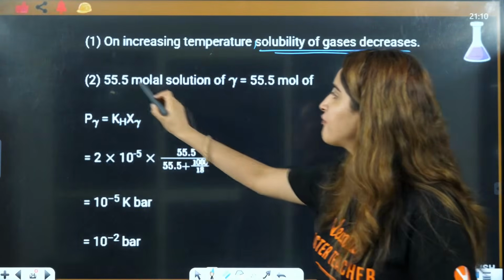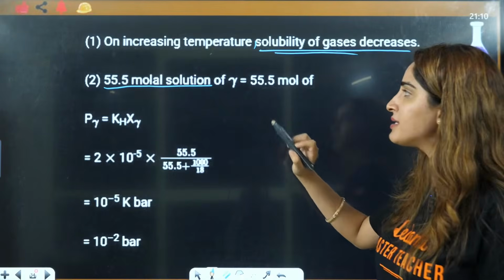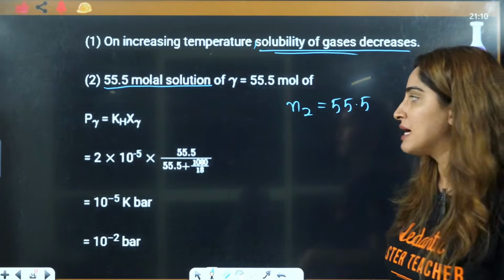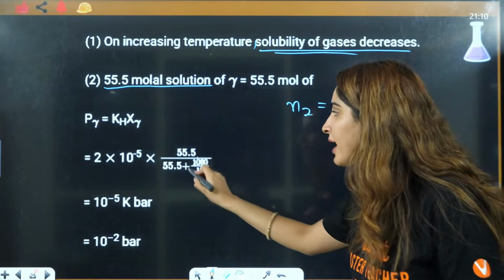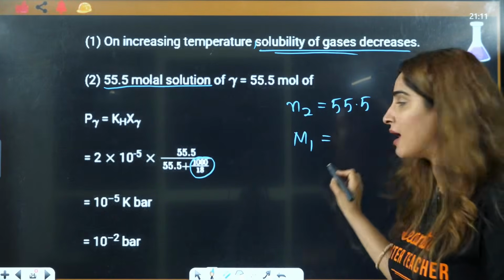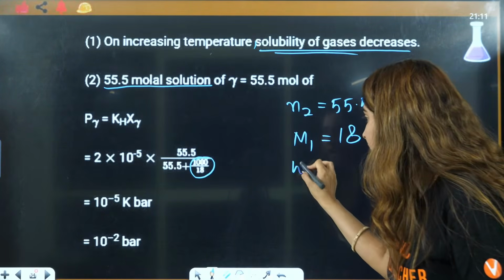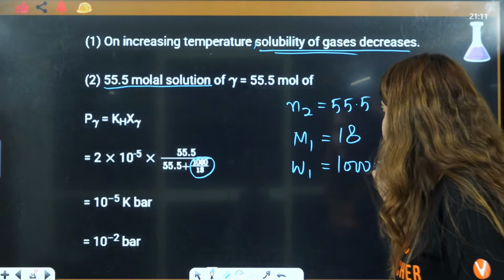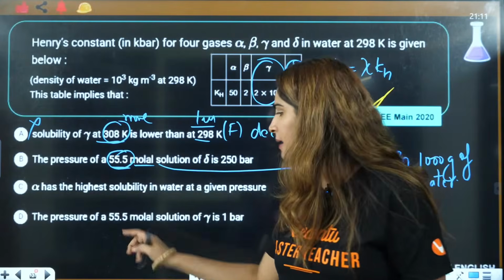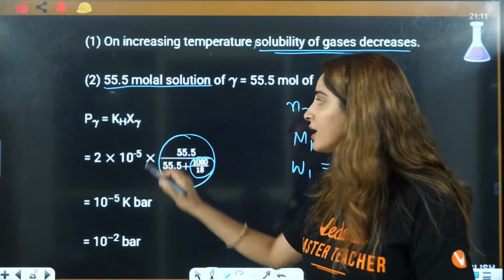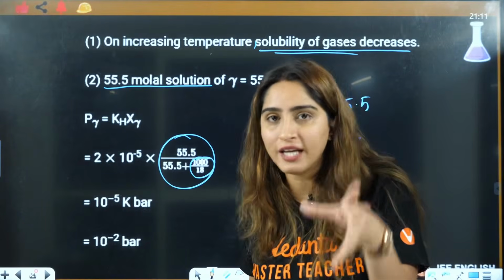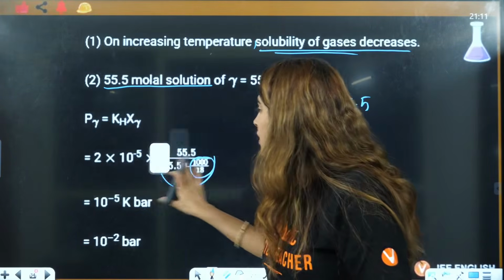So the number of moles of solute will be 55.5. And why is it 1000 by 18? Because water has molar mass 18 and water weight is 1000. If you're not able to understand this part of the lecture, watch concentration terms, and this will be more clear. Now, what is mole fraction?